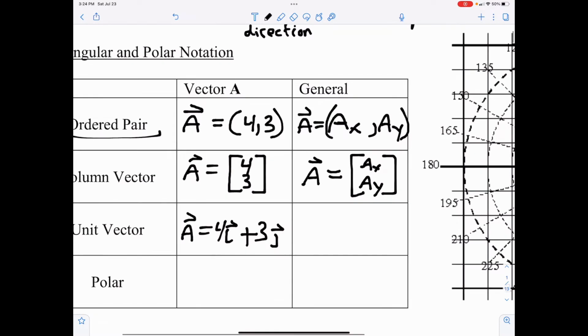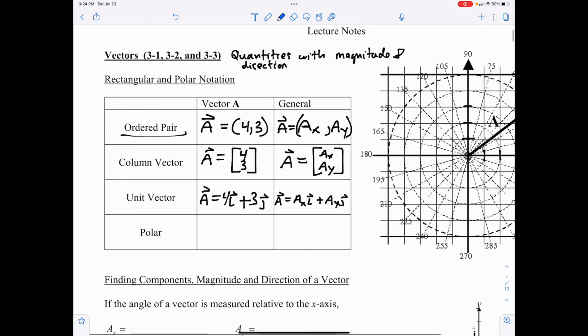Okay, so to generalize this one, it's the x direction component in the i direction plus the y component in the j direction, where i represents the direction of the x component and j represents the direction of the y component. Those are the unit vector direction notation. That's called ijk notation. i is in the x direction, j is in the y direction, k is in the z direction, three-dimensionally out of the page.